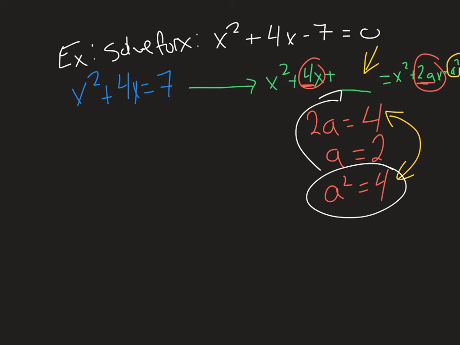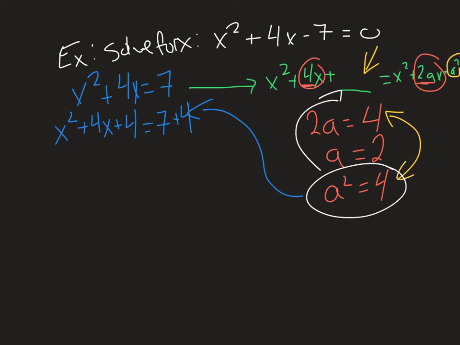Now, we can't just add to the left side of the equation. If we add something to the left side, we also have to add it to the right side. So we come back over to our blue equation, and we say, okay, x squared plus 4x plus 4 equals 7 plus 4.